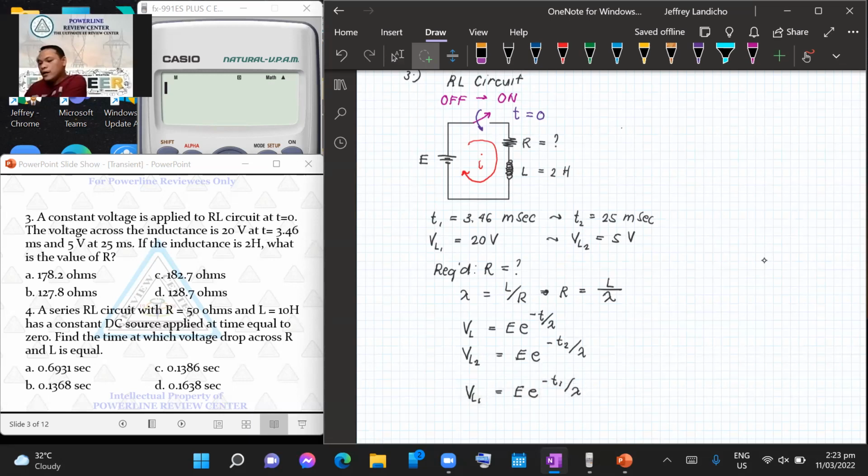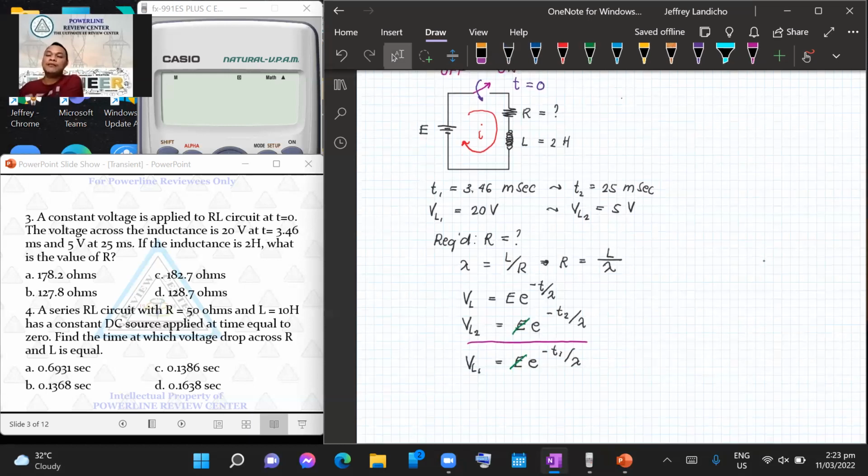Okay, so anong gagawin natin dyan? Gamitan na lang natin ng algebra. Let us just divide the two equations. Pag dinivide natin yan, same circuit, so same yung voltage, cancelled out. So, apply na lang natin ang law of exponent, dividing same base, ano gagawin? Subtract the exponent. So, isusubtract ko sa taas: minus negative t1, negative, magiging positive.